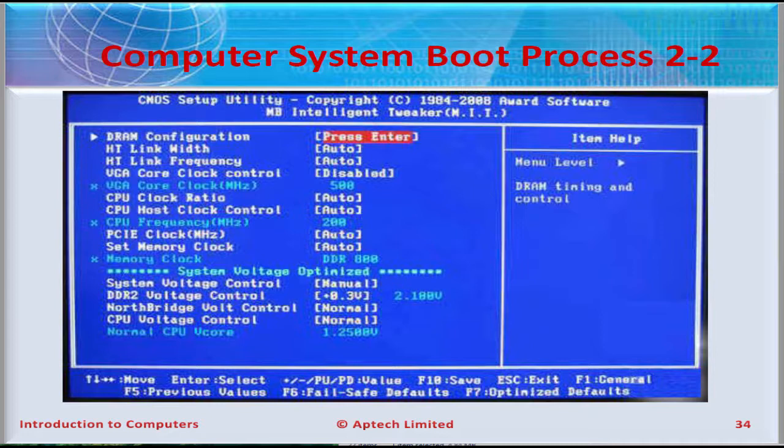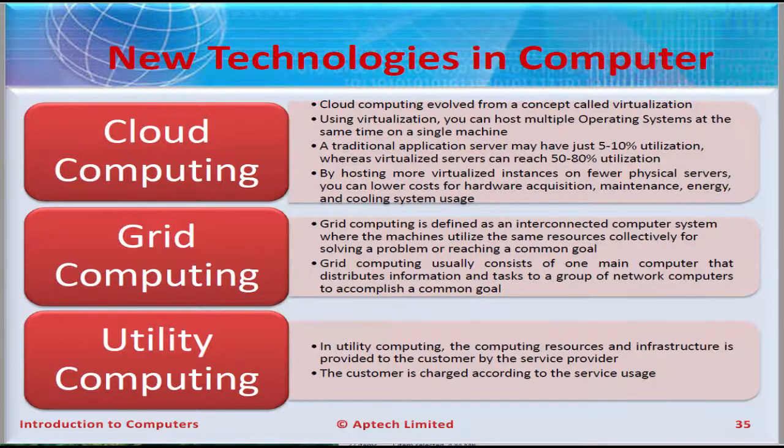We move on. New technologies in computers. We have cloud computing. Cloud computing evolved from the concept called virtualization. Using virtualization, you can host multiple operating systems at the same time in a single machine. This is where you load several operating systems or virtual machines in a single computer.